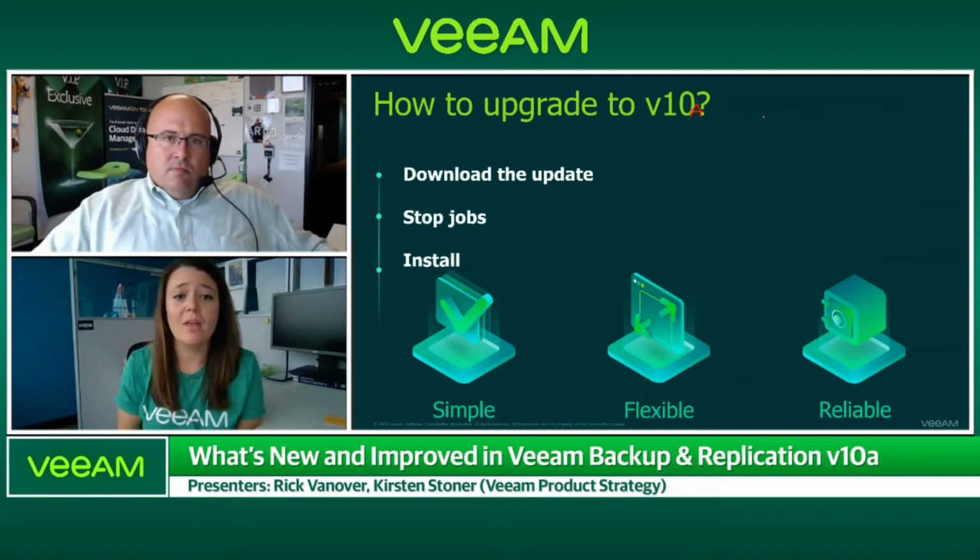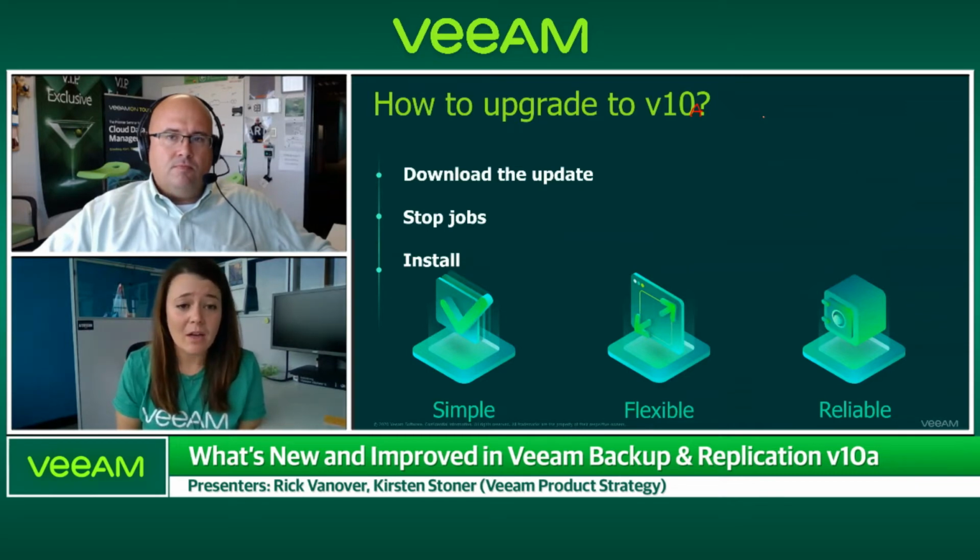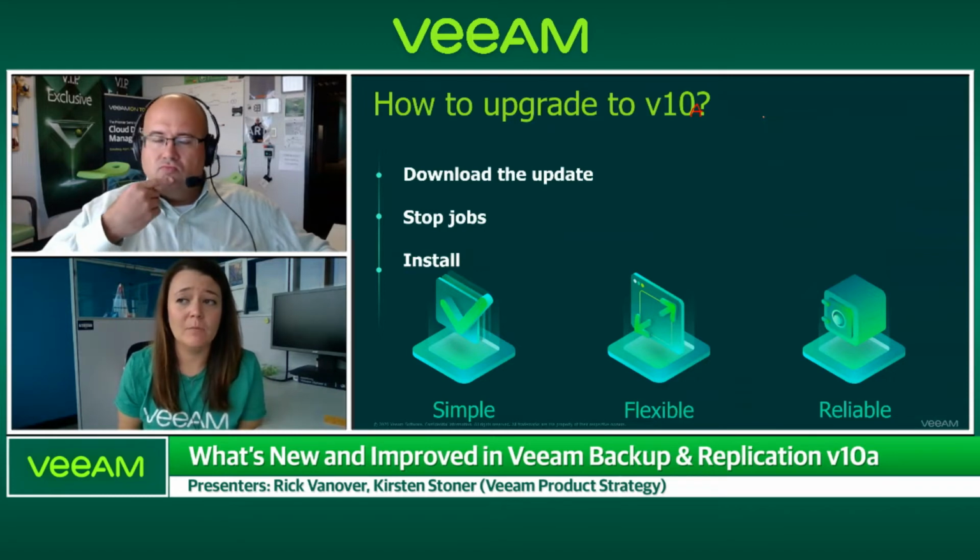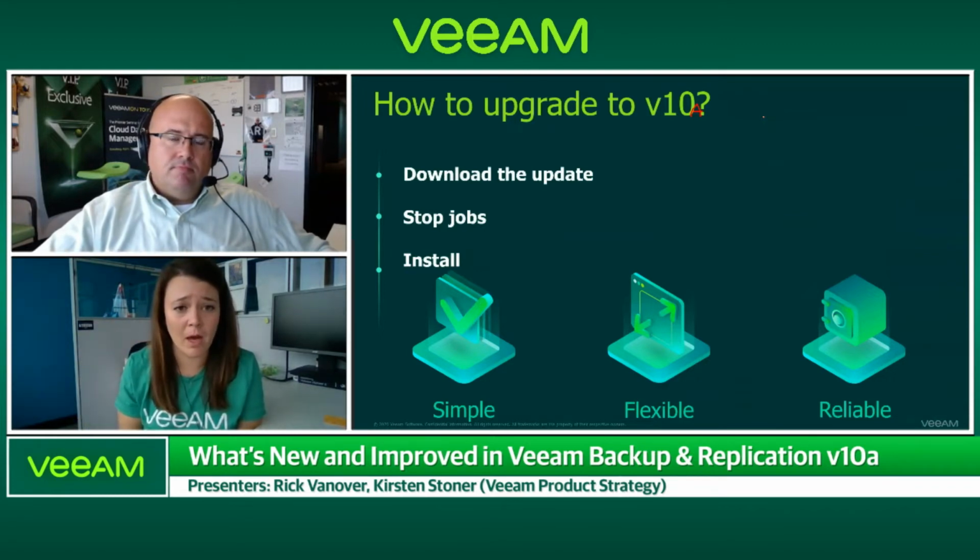Within the user guide, there is an upgrade checklist that you can go through and cross off each step before you perform the upgrade. That's where I would start. Seasoned Veeam users might not need to do that as well.